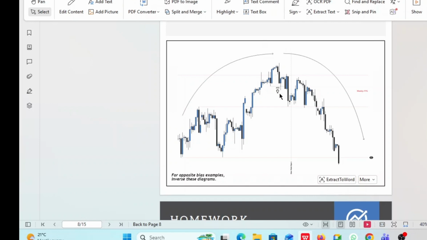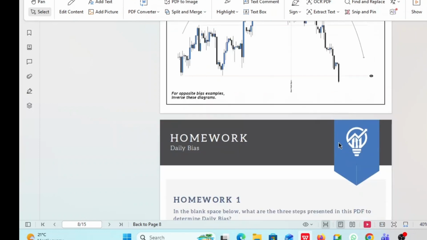We also have the market structure shift, which shows that the market has changed direction. Then you look for entries from here. To learn more about market structure, I'll talk about it in my next video.